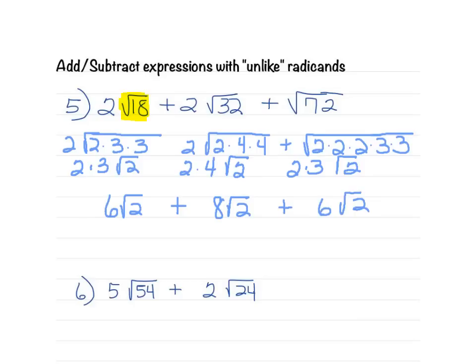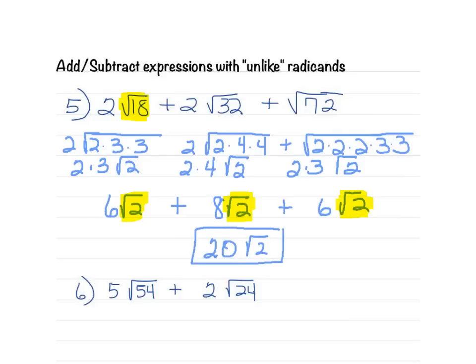So now we can go ahead and combine them, because notice with me that these are all like radicands. Now that we've simplified them, we see how they are combinable. So let's go ahead and add these 3 like radicands. And so the answer is 20 radical 2.